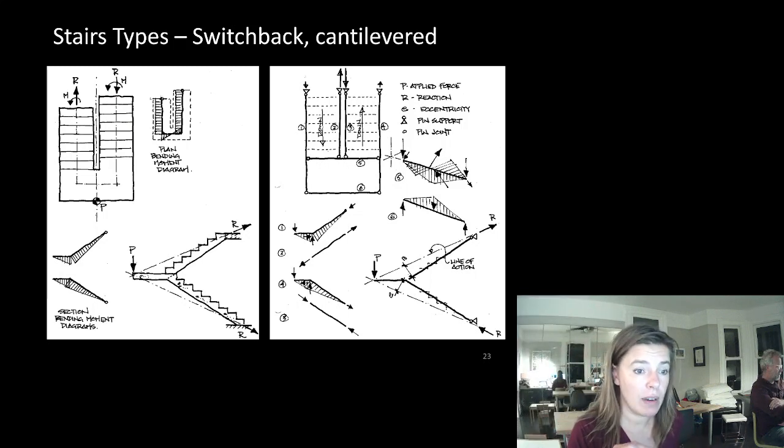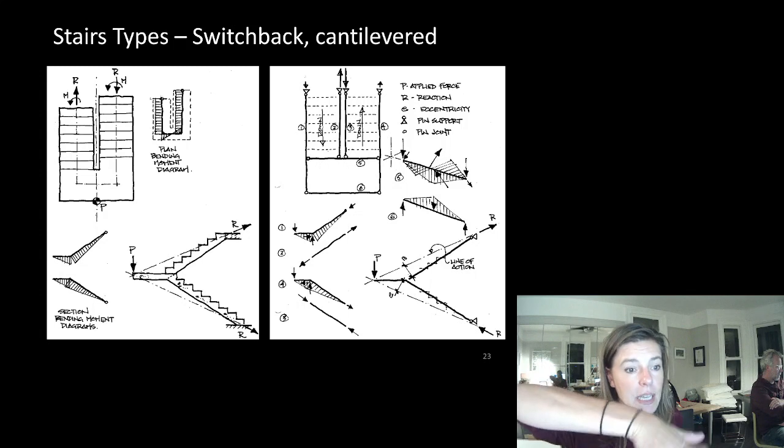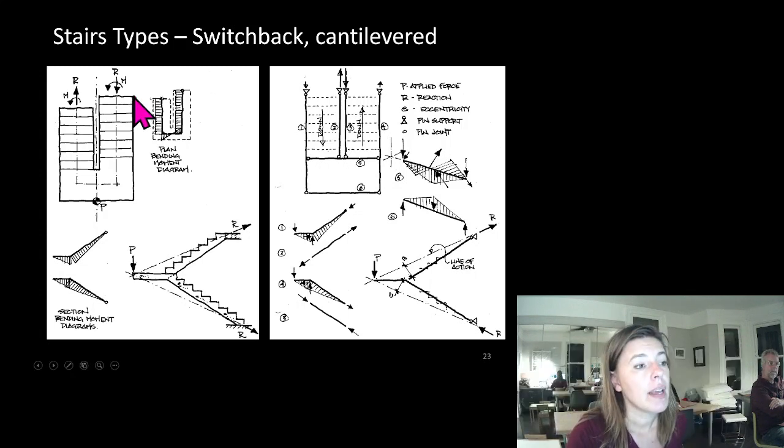We cannot allow it to be a roller at the base because we need to be able to resist that tendency to want to rack our stairs. So we have to have it pinned, which means we're going to have some forces locked into place. And this is how we can end up with very large reactions at our bases.